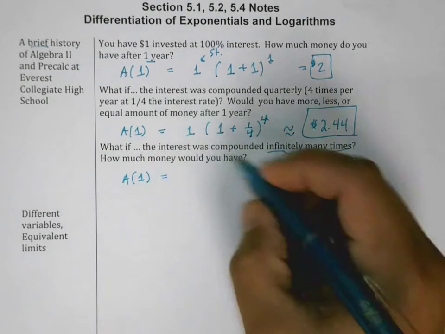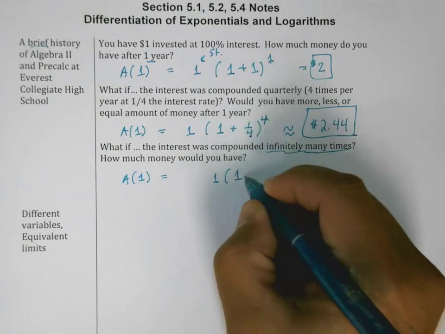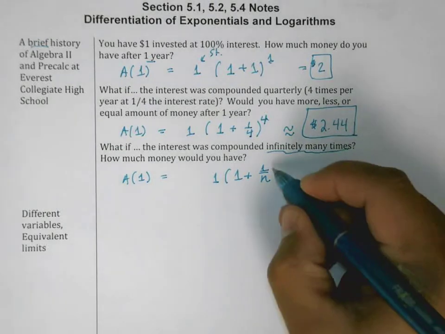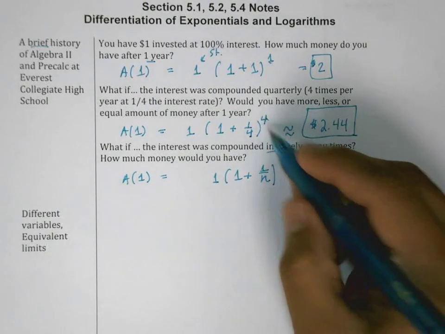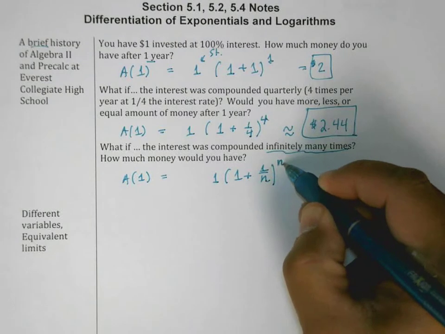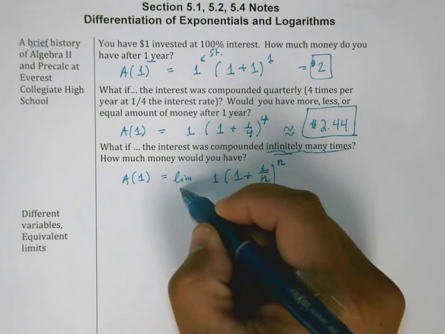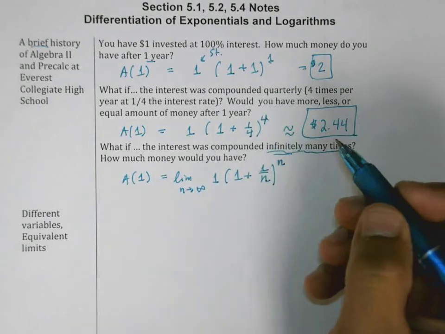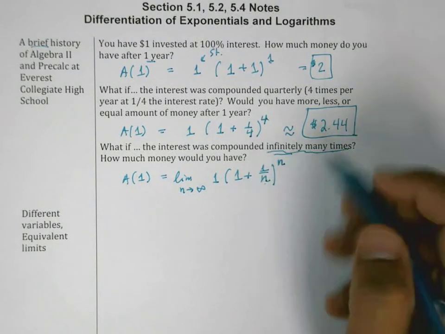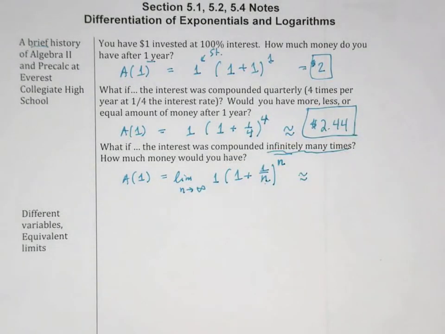So this is just 1 times 1 plus the interest divided by n, where n is the number of times compounded, raised to the nth power, and for infinitely many times we just take the limit as n approaches infinity. You can try this on a calculator. You can punch in some gigantic numbers for n, and eventually you see that this approaches approximately 2.72.